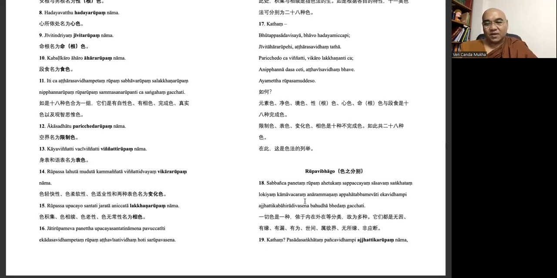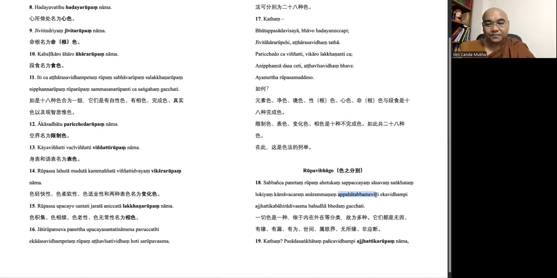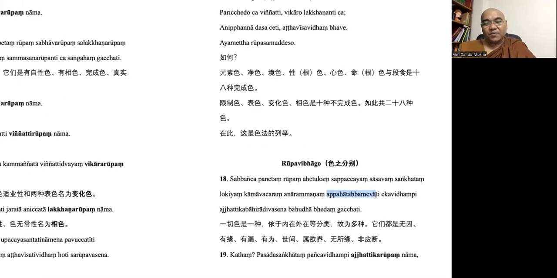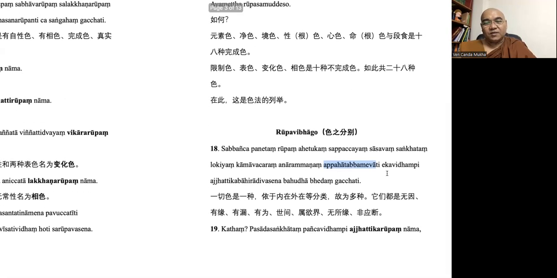That's why here the Buddha mentioned "Apahatabba meva." In the Dhammasangani also, it is explained like this. These lists are given in the Dhammasangani as well. So there is no variation among the rupas; they are only one, ekavidha.